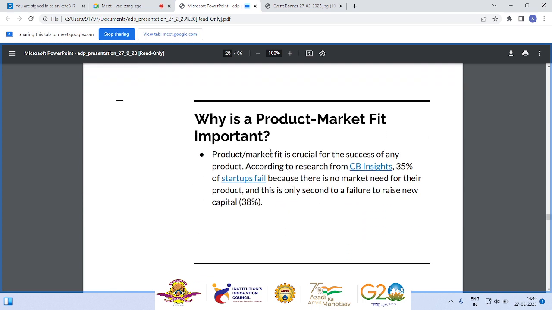Now, why is product market fit important? The reason is, according to CB Insights, 35% of startups fail because there is no market need for their product. Yes, definitely.